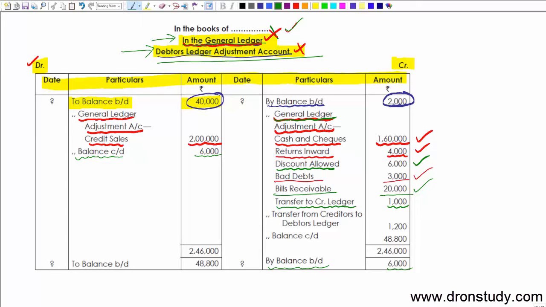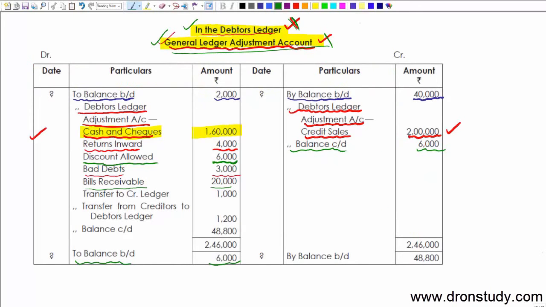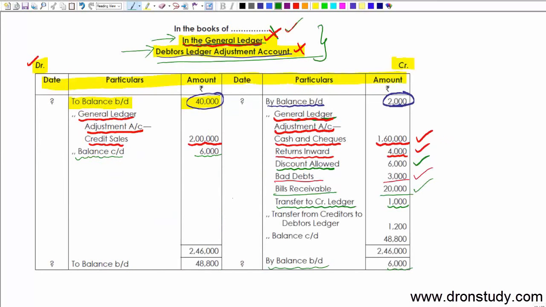We have to give its opposite effect in the debtors ledger general ledger adjustment account, to transfer to creditors ledger. Fine, so that is done.